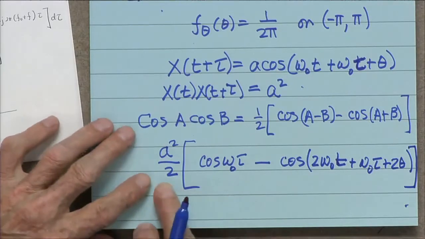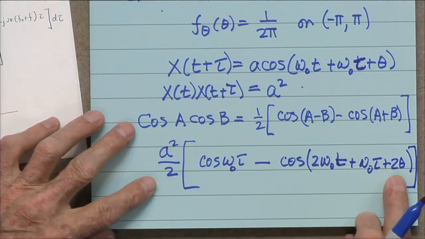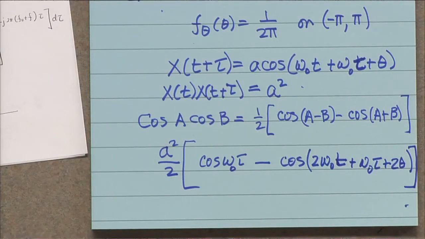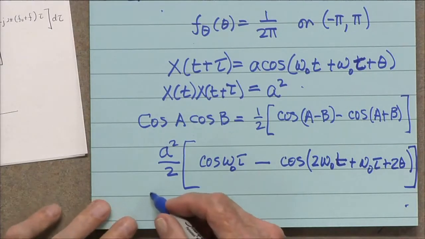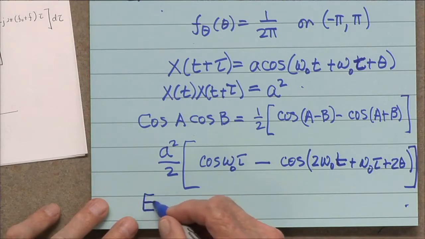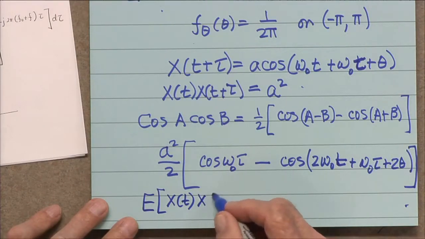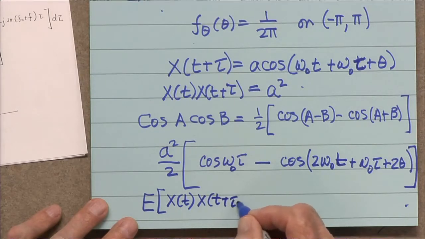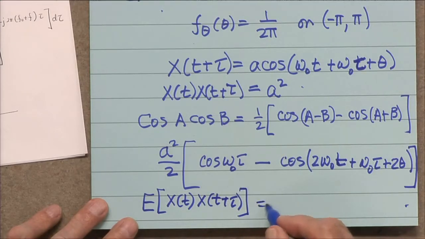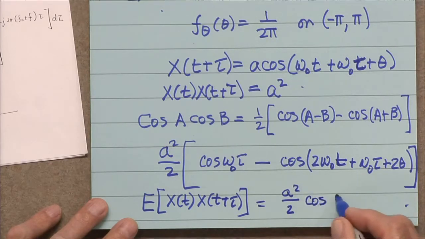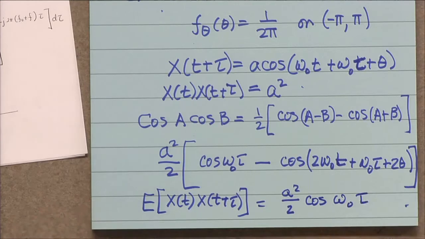Now, I'm going to take the expected value with respect to theta, and it's going to be 0. The expected value of x of t plus tau is A squared over 2 cosine omega 0 tau. Symmetric.